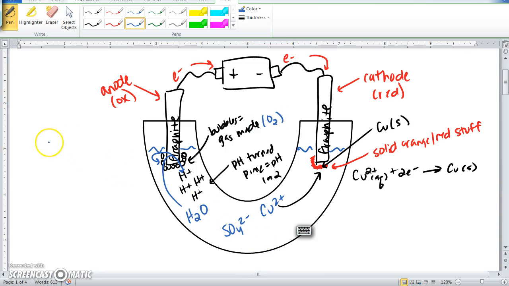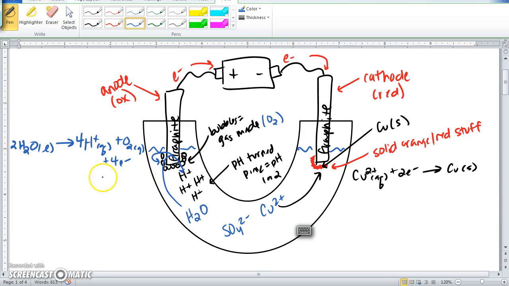So now we can write our oxidation half reaction as our water molecules turning into acidic H+ ions and O2 gas. And now we just balance so we know how many electrons we need to put in. Because I'm making O2, this must have a 2 in front, which means that's going to be 4 H pluses, which means this is also going to make 4 electrons. So this would be my oxidation half reaction.